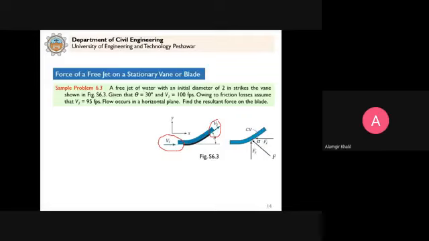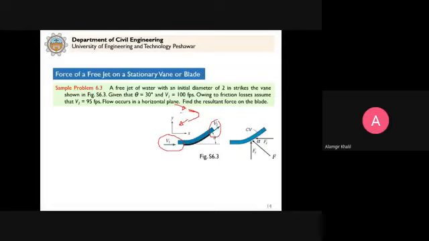Now in this case, for example, it is possible that the body is inclined. Clear? Let's say it is like this. So it means that the fluid enters over this vane or blade at an angle, and then it leaves this object at an angle.